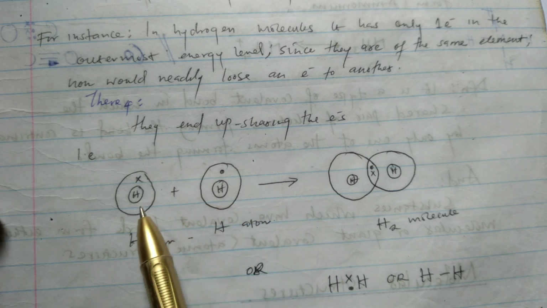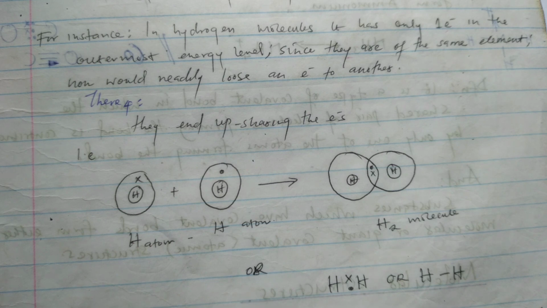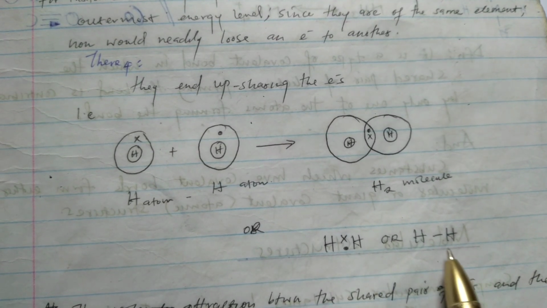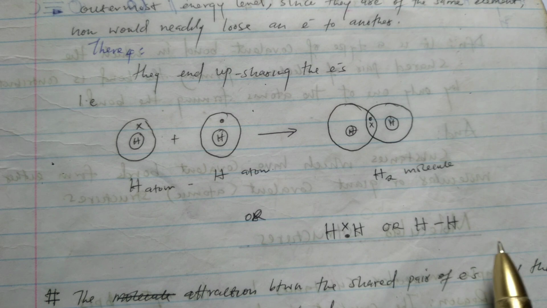We can represent this using dots and crosses, or using a dash, which represents a single bond. I'll be showing you more, because when you draw two dashes, it indicates a double bond. When you draw three, it's a triple bond.